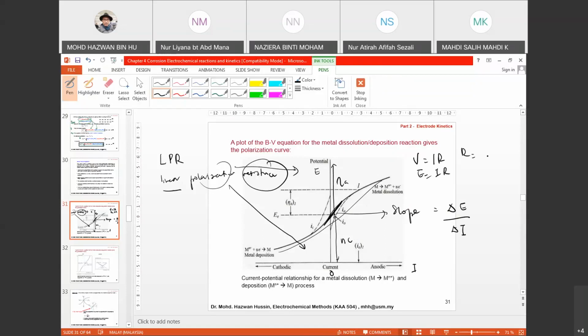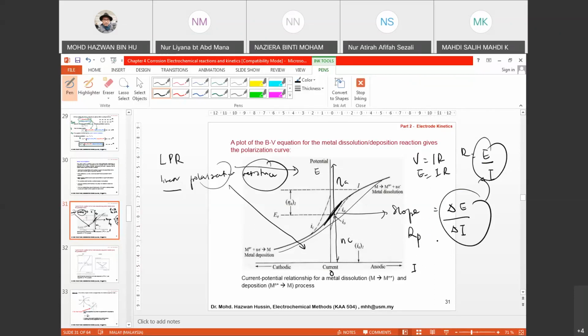So R means potential over current. If you calculate the slope, this will give you Rp, the polarization resistance, because following Ohm's law, Rp is equal to the change of potential over the change of current.